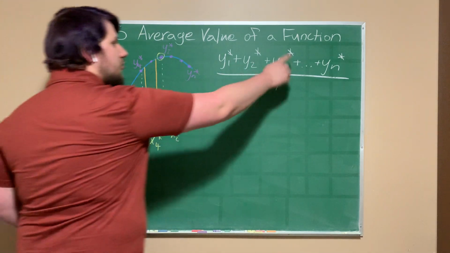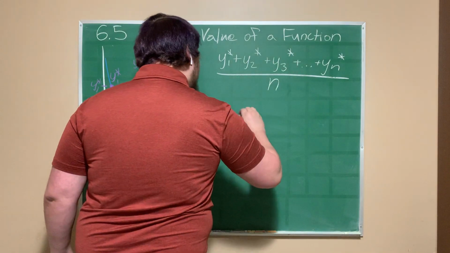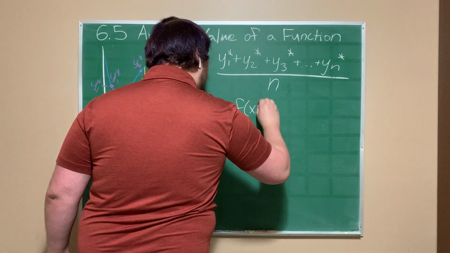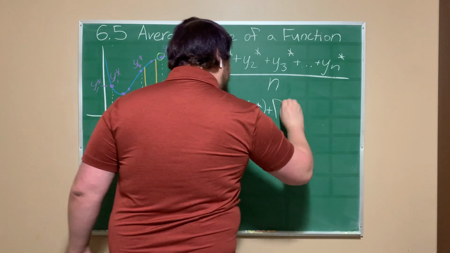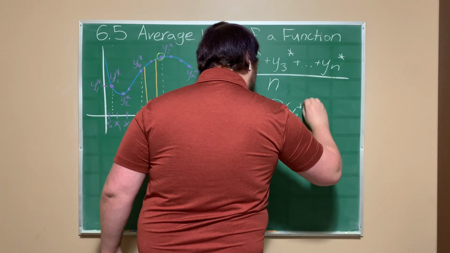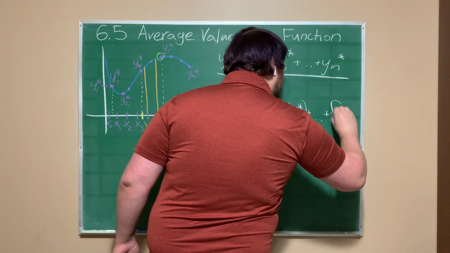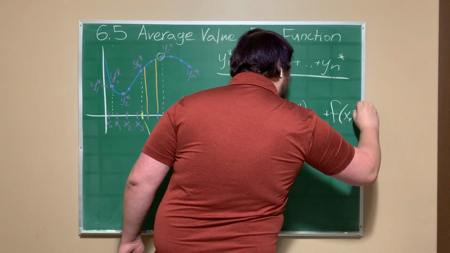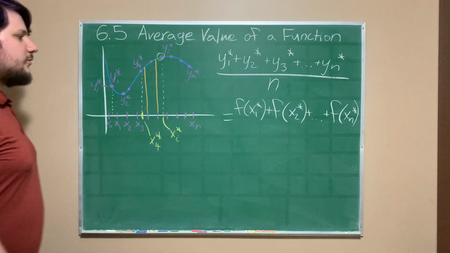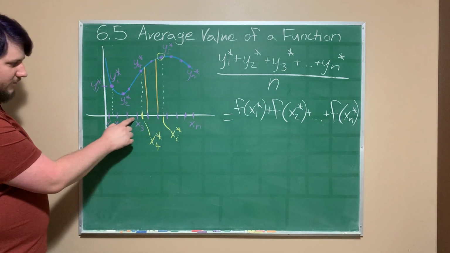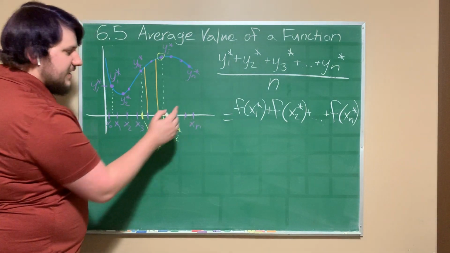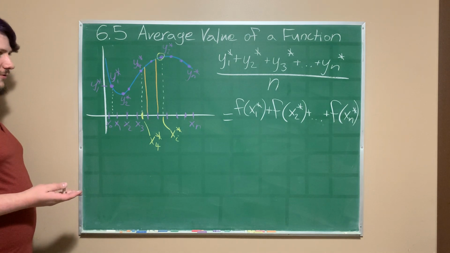So I can rewrite the numerator of this expression as f of x1 star plus f of x2 star plus etc., all the way along to f of xn star, all the way at the end. So we have the sum of the function values where each of the inputs is from those subintervals.